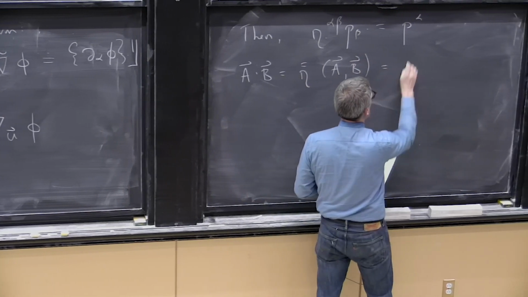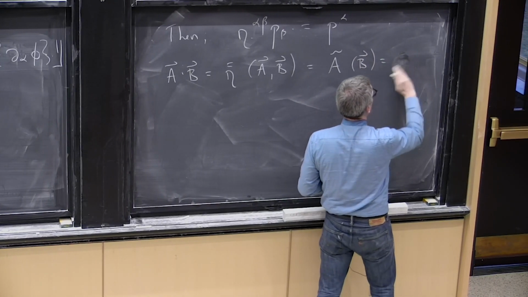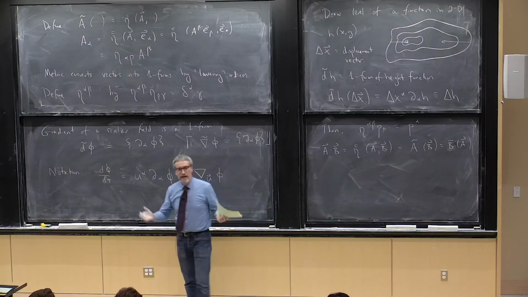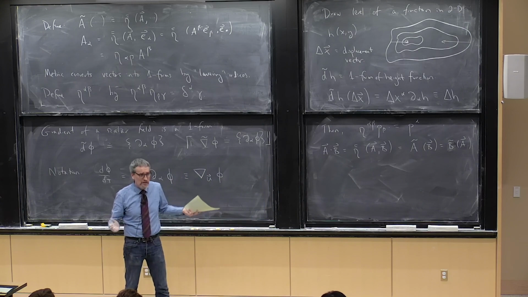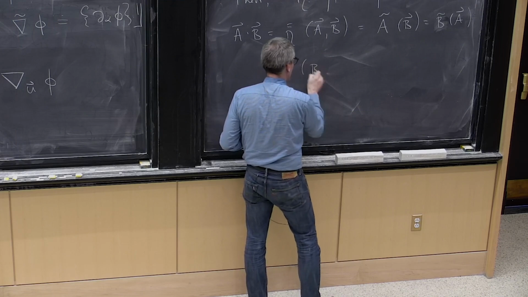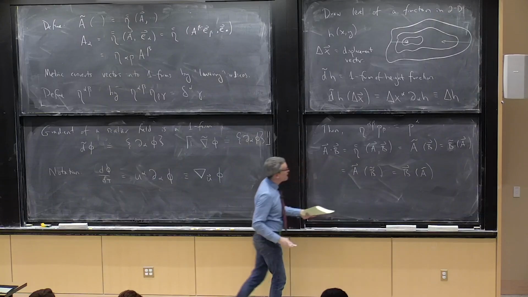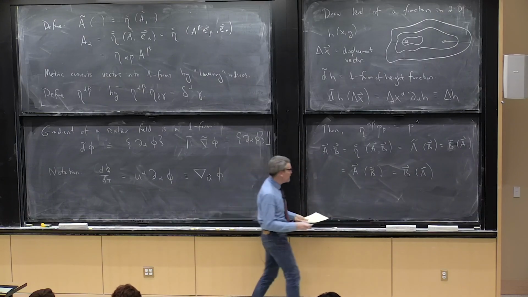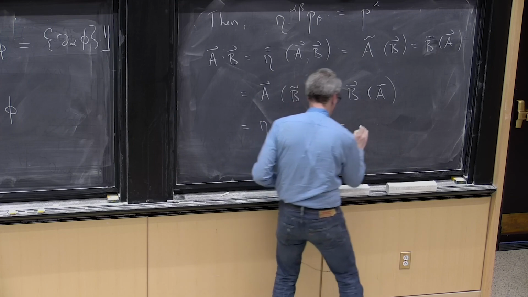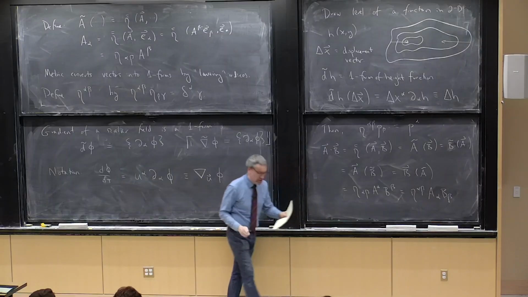If you like, you can now regard a vector as being a sort of a function that you put one-forms into. These are all the same? These are all equivalent to one another?